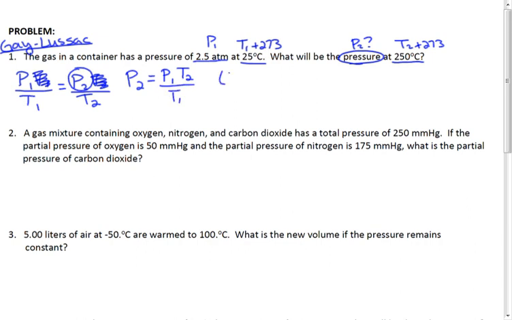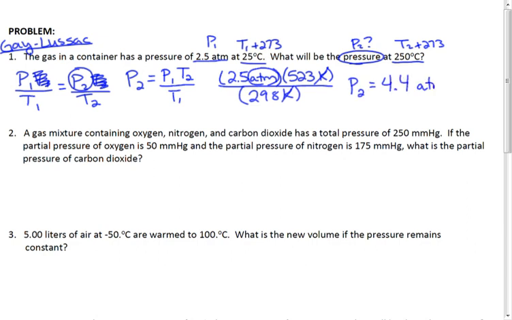So our first pressure was our 2.5 atmospheres. Our second temperature is going to be 523 Kelvin once we add the 273. We'll divide by our initial temperature, which was 298 Kelvin. Our Kelvin units will cancel. We'll be left with atmosphere, so we multiply and divide, and we will end up with 4.4 atmospheres.